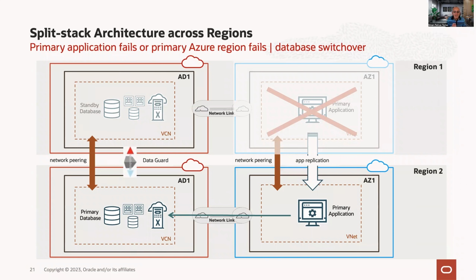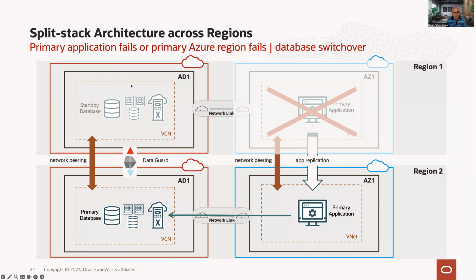So the new primary application is now connected to the new primary database, which is in the same region 2 at the bottom of the slide, where these two regions, the Azure region and the OCI region, are very close to each other. Oracle Database Service for Azure provides the network link and low latency between the primary application and the primary database.